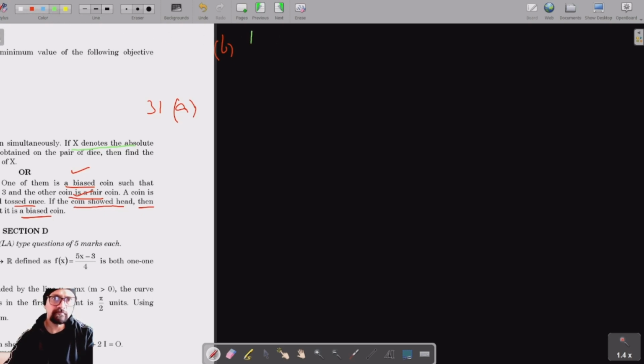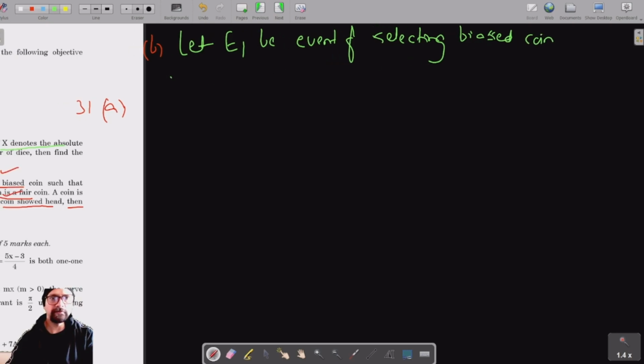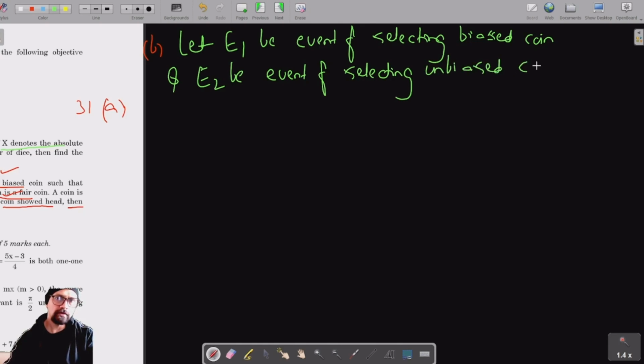So this question is based on Bayes theorem. Let E1 be the event of selecting the biased coin and E2 be the event of selecting the unbiased coin.